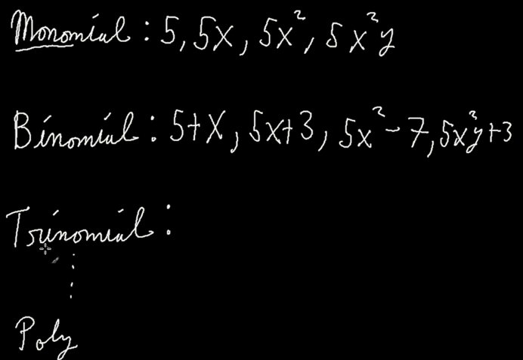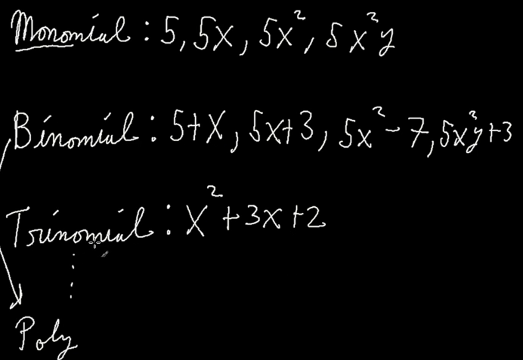So the separation by addition or subtraction is what's going to make the counting of the terms. Now the trinomial, tri meaning 3, like triangle, means it has 3 terms. And we looked at that on the first slide. So something like x squared plus 3x plus 2 is considered a trinomial. We're almost always going to look at binomials and trinomials. Now, of course, you can have polynomials, just meaning that it's greater than 1. Actually, anything other than a monomial would be a polynomial, because poly just means many.